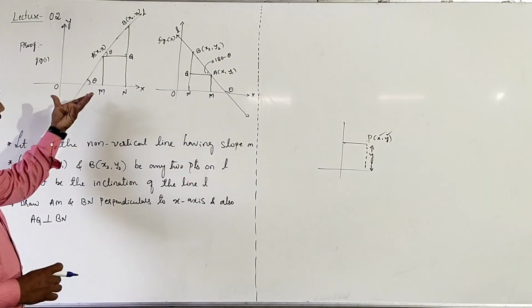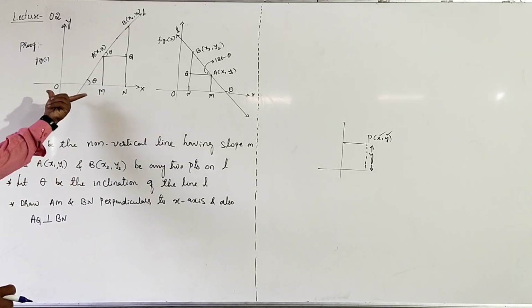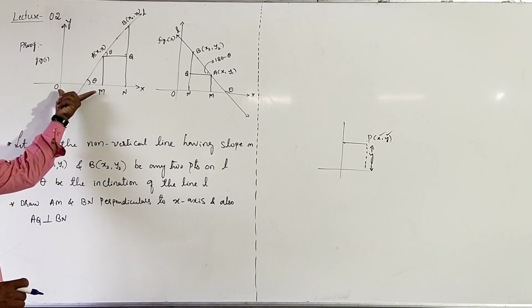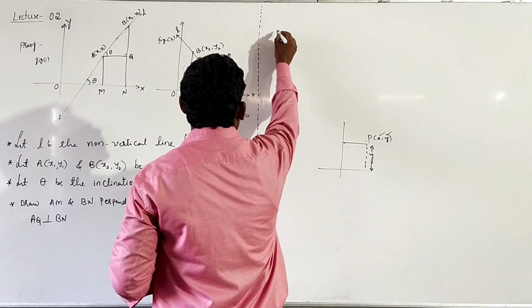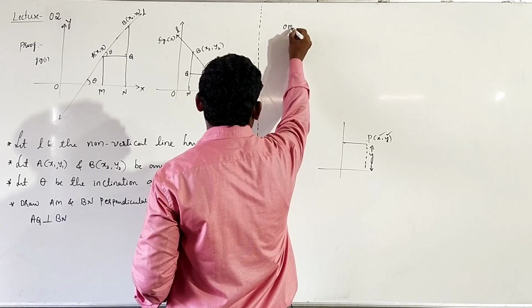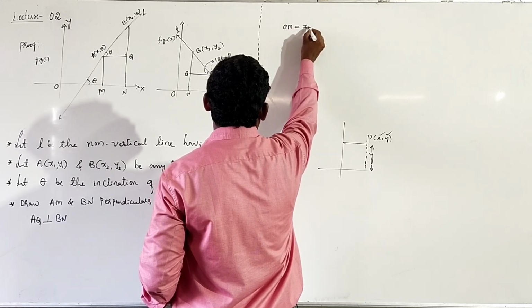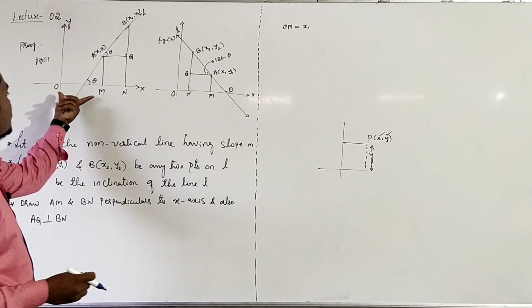So in both the figures, what is OM? OM is horizontal distance, which means the x coordinate of that point. So OM is equal to x1, right?